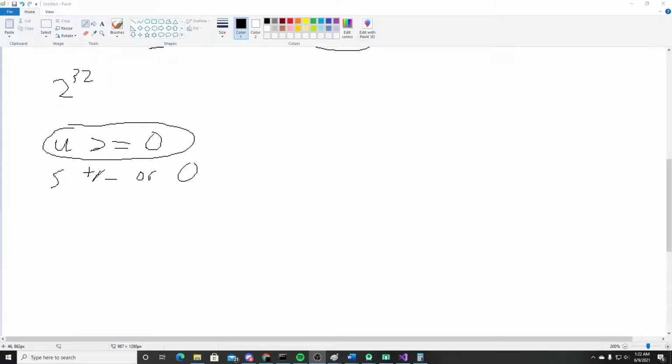So how do computers know when a number is supposed to be negative? How can they get a sense of a positive number versus a negative number? Well, they do this using a certain technique called 2's complement.